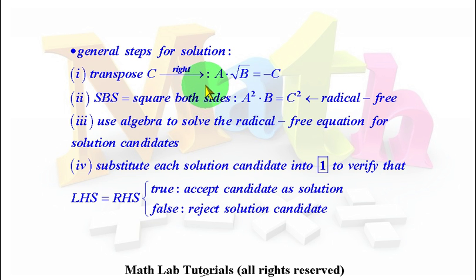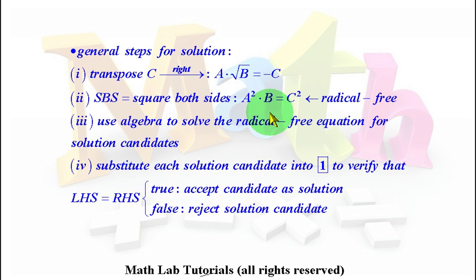You start off with an original equation. At some point when you square both sides, the new equation that you get is not equivalent to the original equation. Be very careful about that. The original is not equivalent to the one where you square both sides.